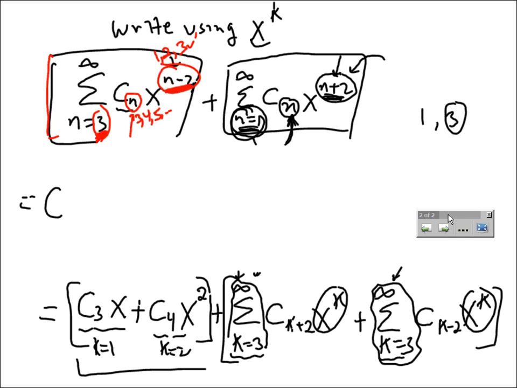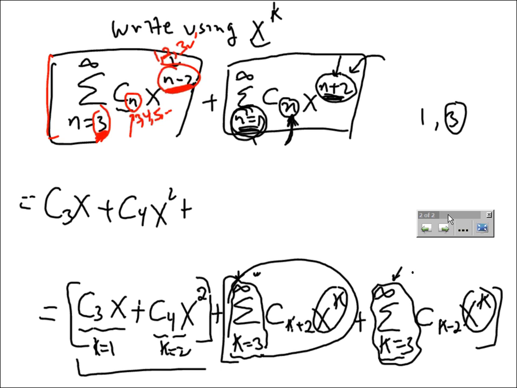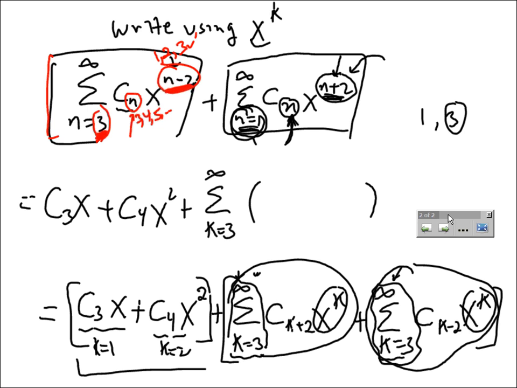So we have the two isolated terms in front, plus, now, when we combine this term with this term, by design, we know we can factor out x to the k. The summation as k goes from 3 to infinity. Remember, we made both of these x to the k. That was the instructions.